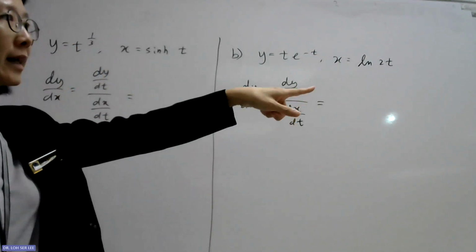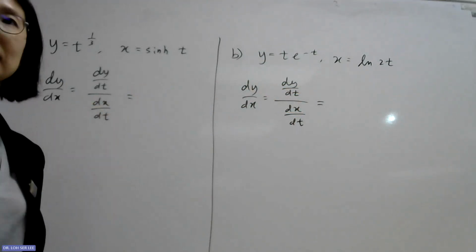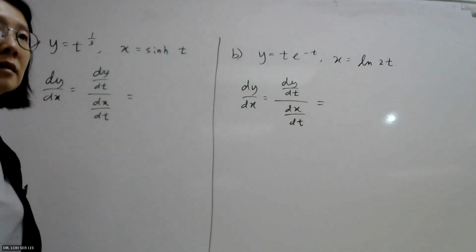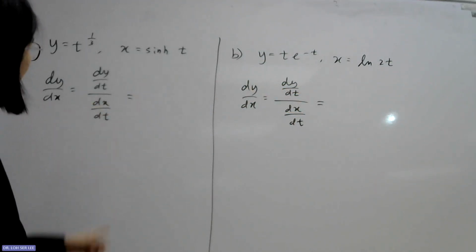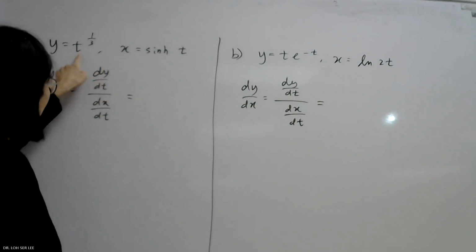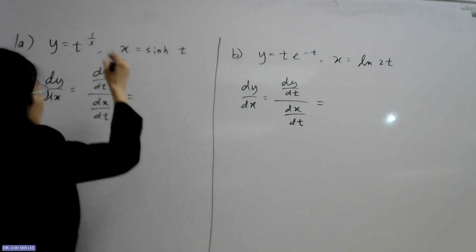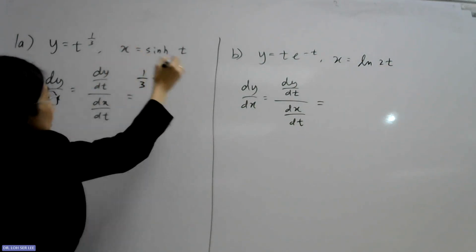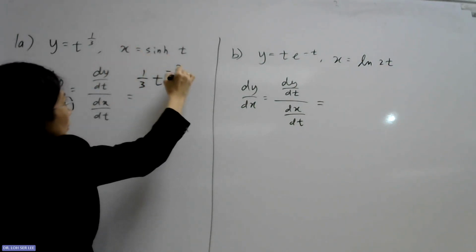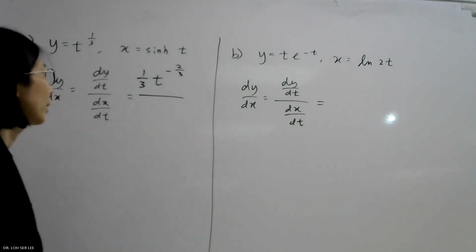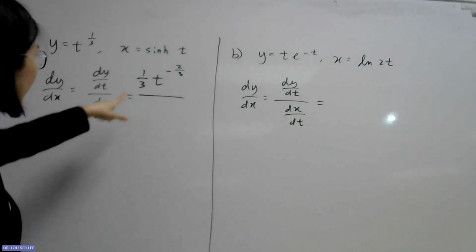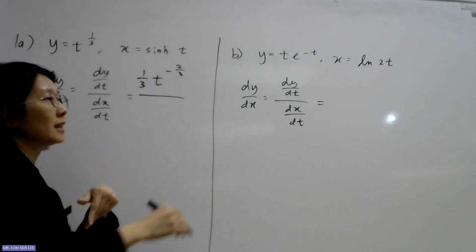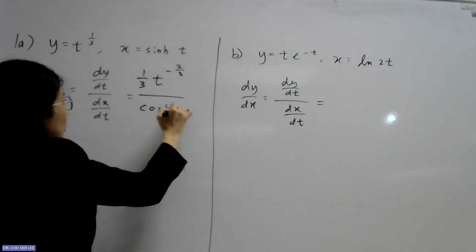You get the correct answer as in the slide. Now, dy dt, so 1/3, and then t to the 1/3 minus 1, negative 2/3. Okay, dx dt. Hypersine, you get a hypercos t.